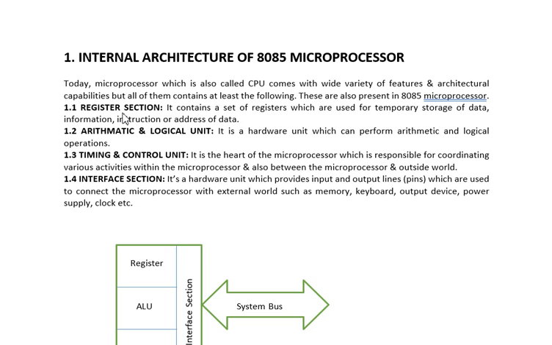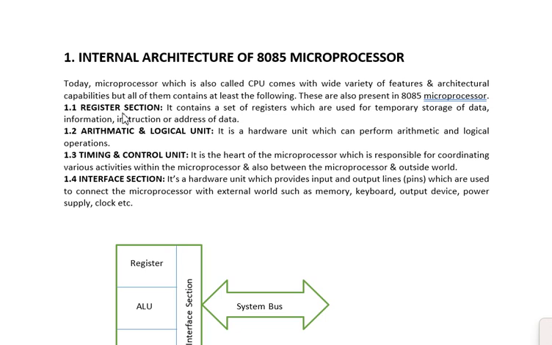So another section is called the interface section. We've seen these 40 pins, 20 pins on the left side, 20 pins on the right side. These pins are used to connect with input devices, output devices, some peripherals, and memory. These pins provide input and output communication lines, which can be used to connect this microprocessor to the outside world, with the memory, keyboard, output device and input device.